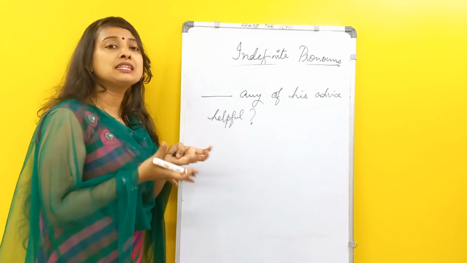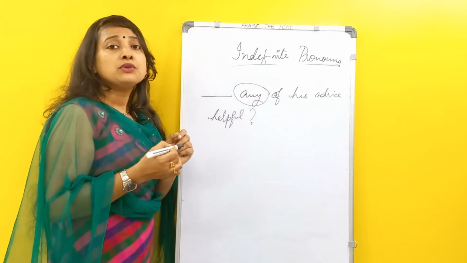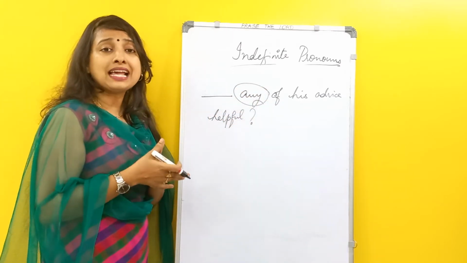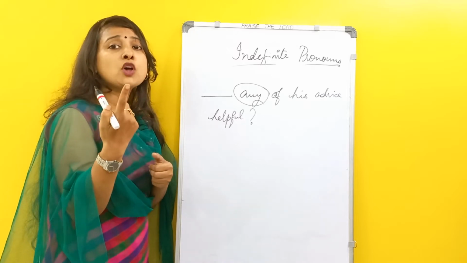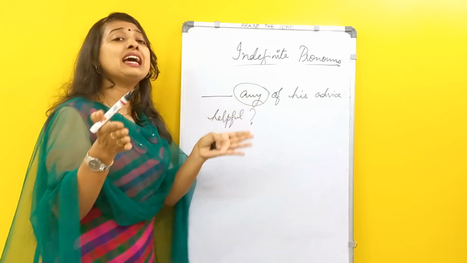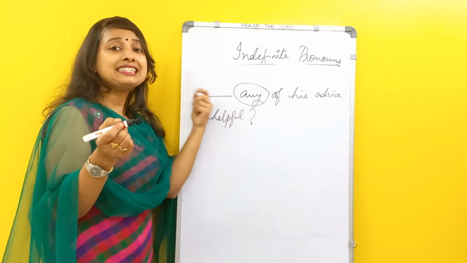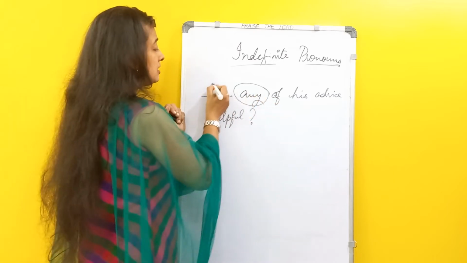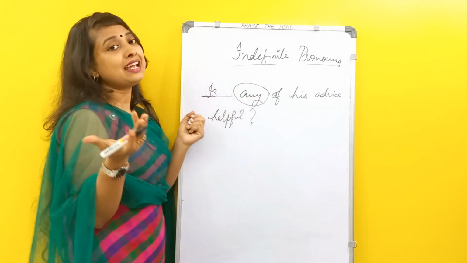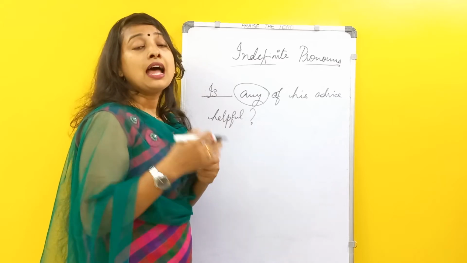Because we are talking about singular or plural verb form. We are talking about any. So, is any of his advice helpful? Advice is a piece of information. Advice is taken as an uncountable noun. It is just one. None of his advice is helpful. Similarly, is any of his advice helpful?